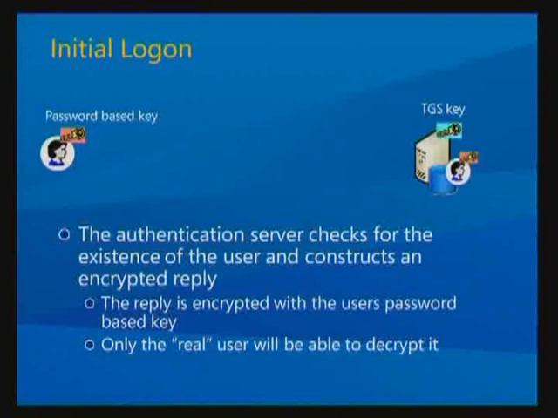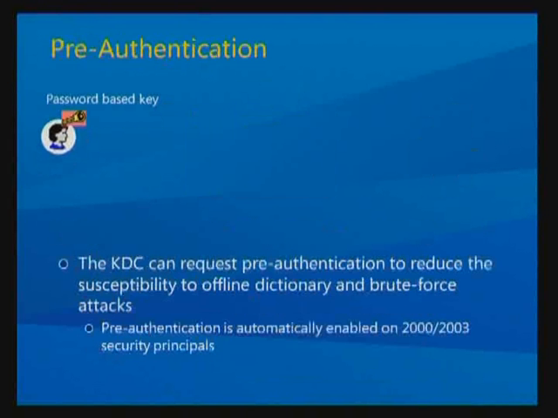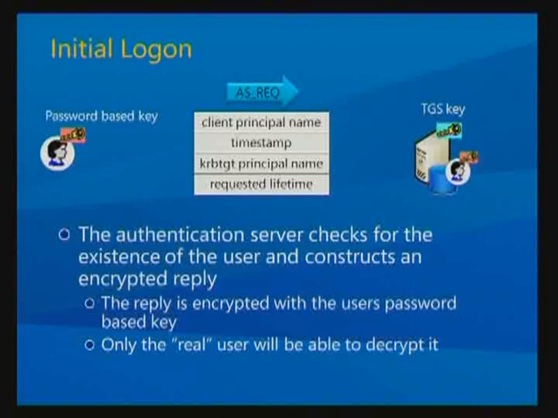So, initial logon. The user passes through the client principal name, the timestamp, and the KRBTGT principal name, which is the name of this server, and the requested lifetime for the ticket. This is the general protocol, and you can request that. The server won't do any checking at this stage that it's genuine.